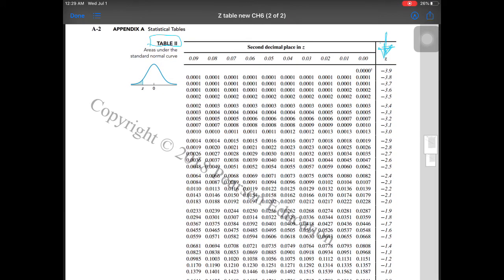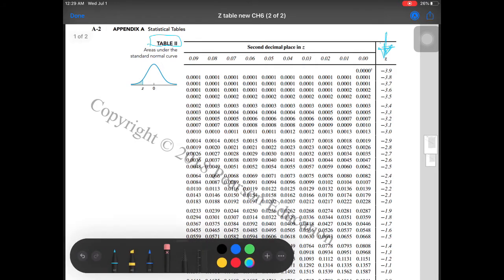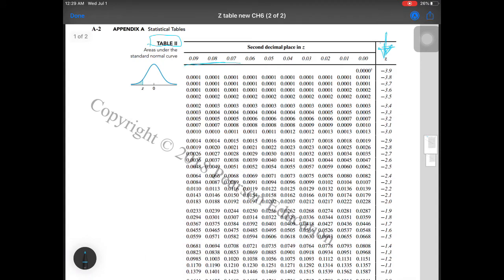As I mentioned in the last slide, when you need to find the probability, let's say we try to find negative 2.52. First you need to find the first two digits, negative 2.5.